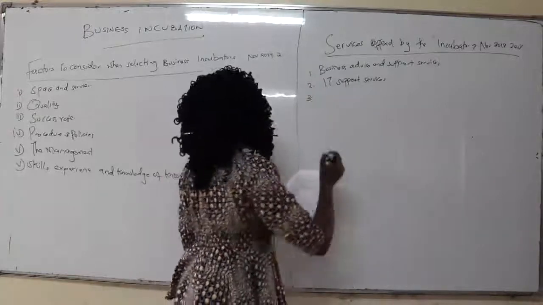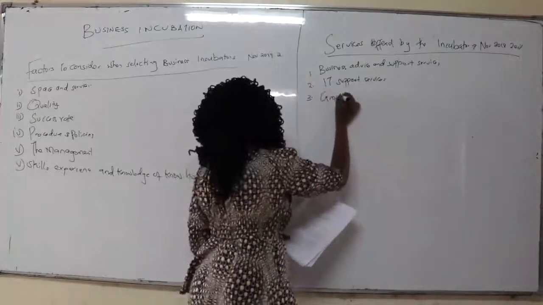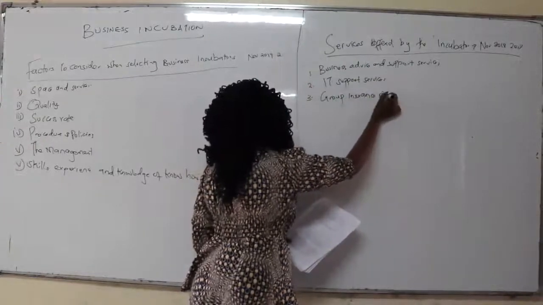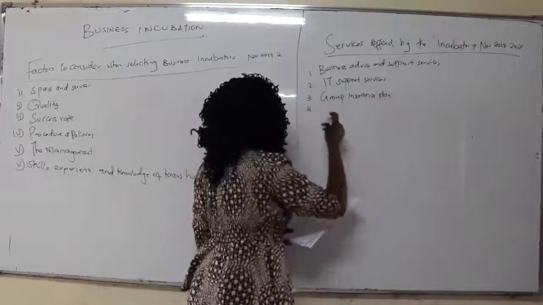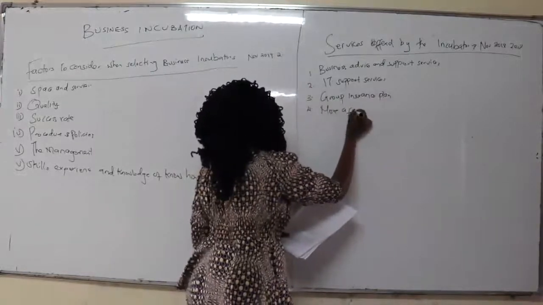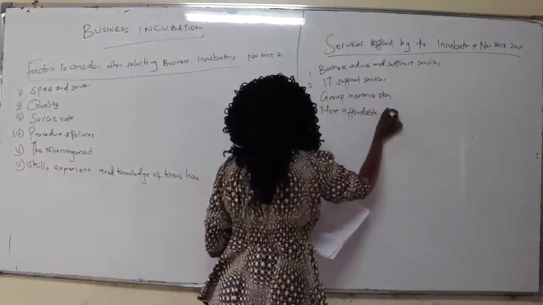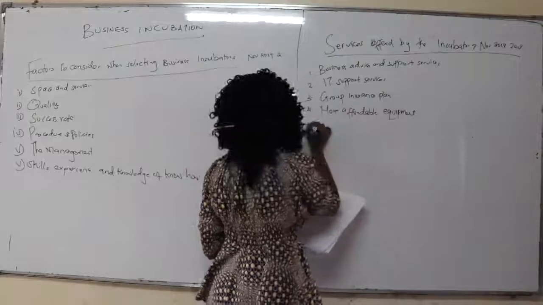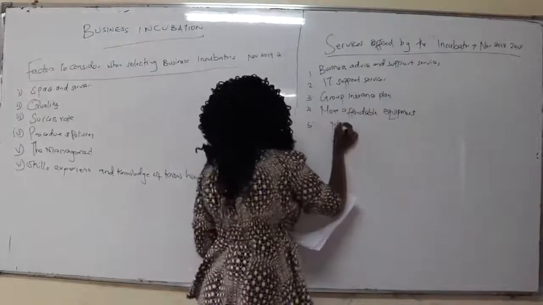Another one is the group insurance plan. Also, more affordable equipment. Network services and marketing.